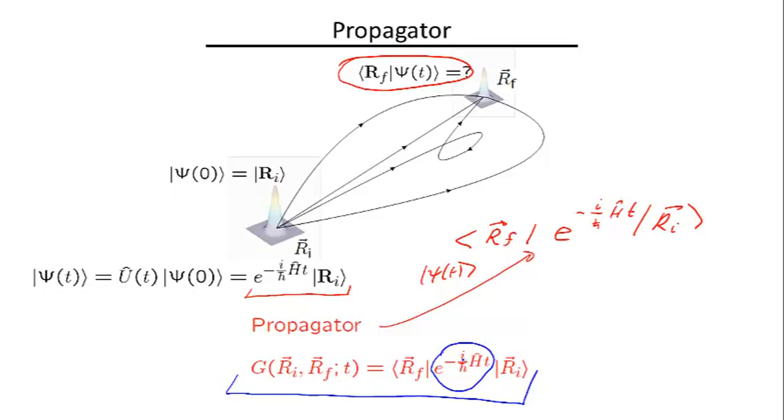So as a side comment here, let me remind you that for an arbitrary operator, a matrix X, in our case this X is this minus i over h bar H t, its exponential is defined via the Taylor series. So it's 1 plus X plus X squared over 2 plus X cubed over 3 factorial plus etc. And so to calculate this series with matrix operators is rather complicated.